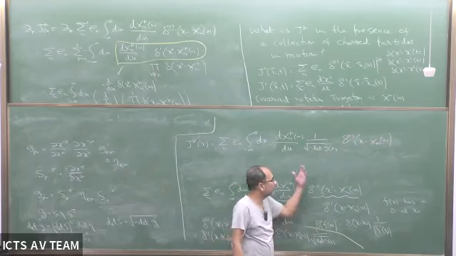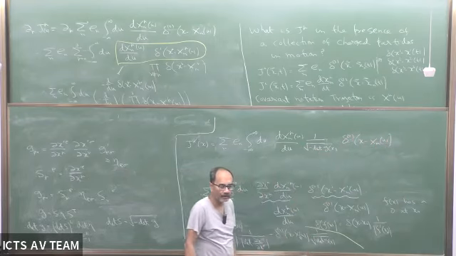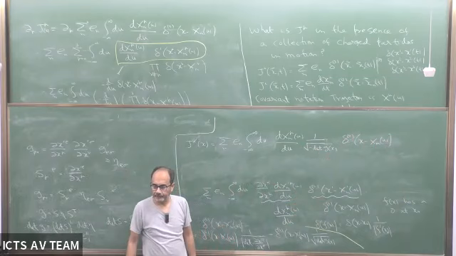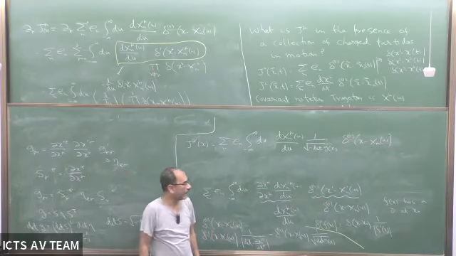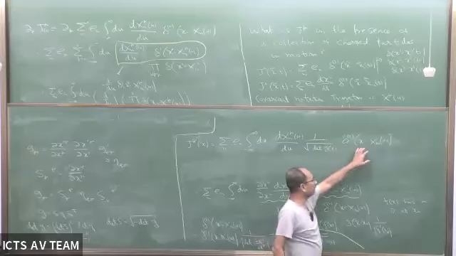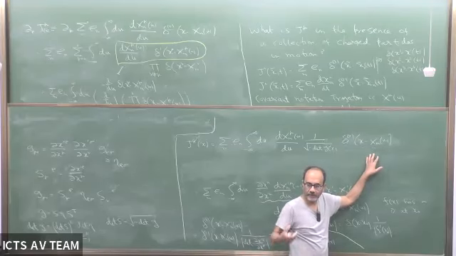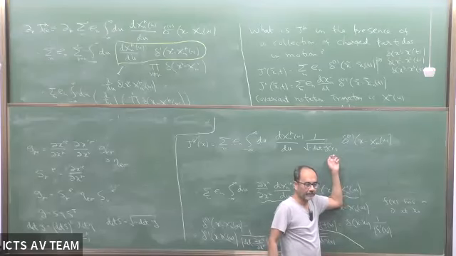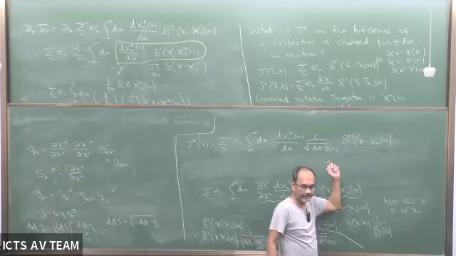You can easily convince yourself that if you now change the x coordinate to some x double prime coordinate, it actually transforms as a tensor. During the transformation, this will become a Jacobian from x to x double prime, but this will also become a Jacobian, and those will cancel.